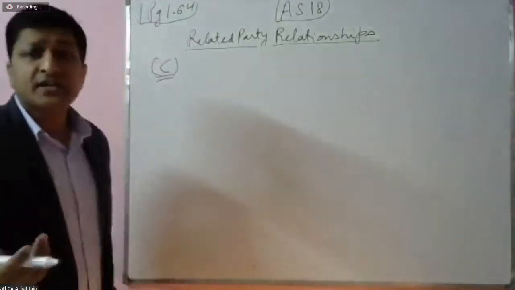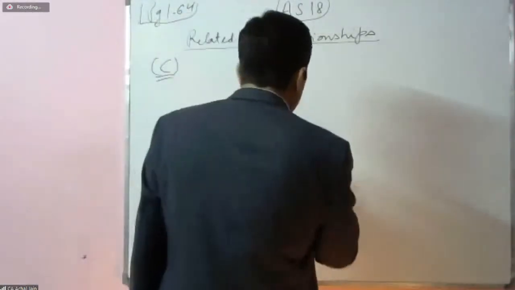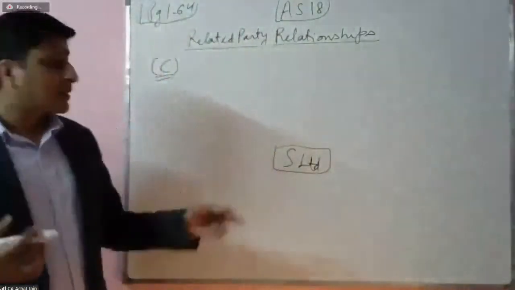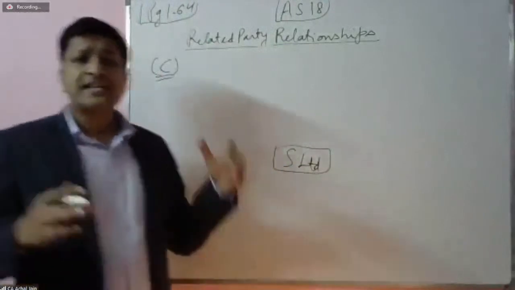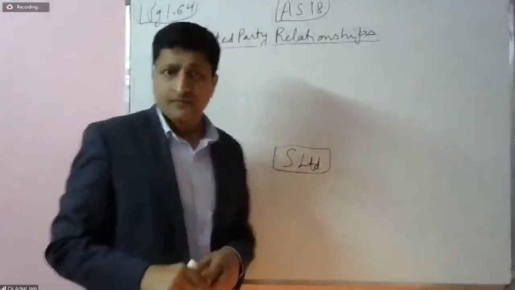Now, let's understand what do we mean. So far, whenever we talked about the reporting enterprise, who is the reporting enterprise? S. Means for S, we are going to check who all are the related parties.